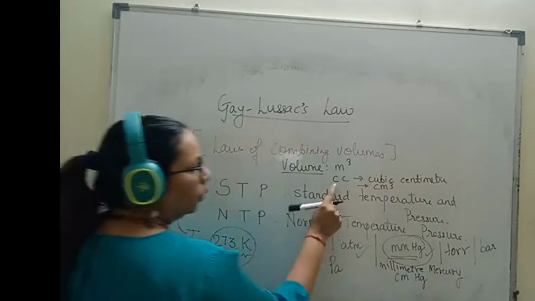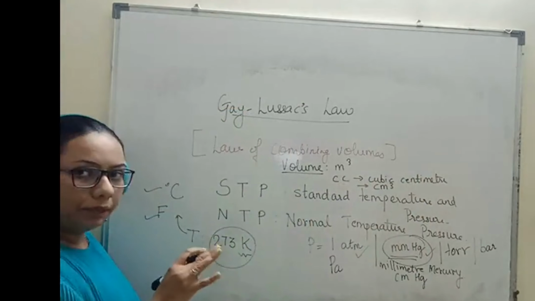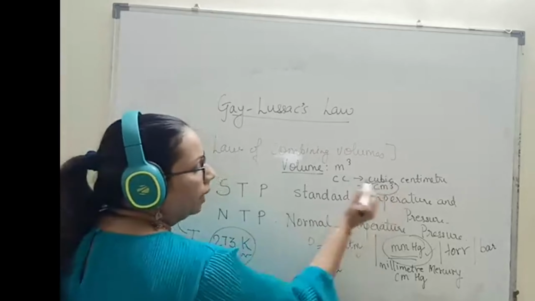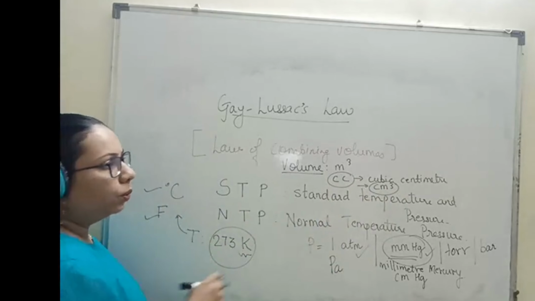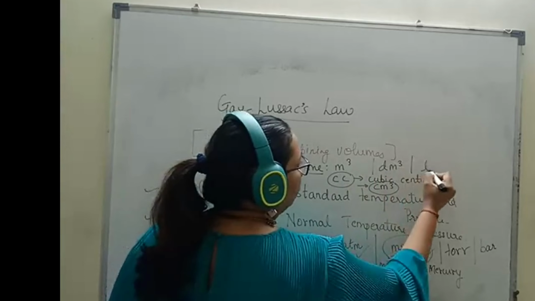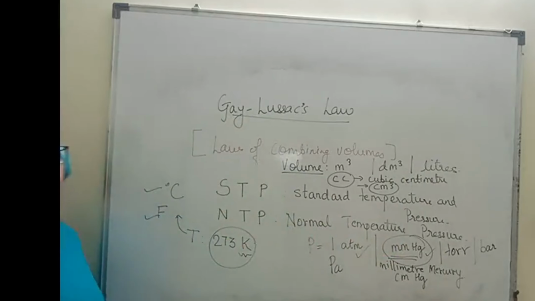They mean the same. It's just the way of writing them. So centimeter with power 3 and cc mean the same. Then you have meter cube. You also have decimeter cube. You also have liters. So these are the different units pertaining to volume.